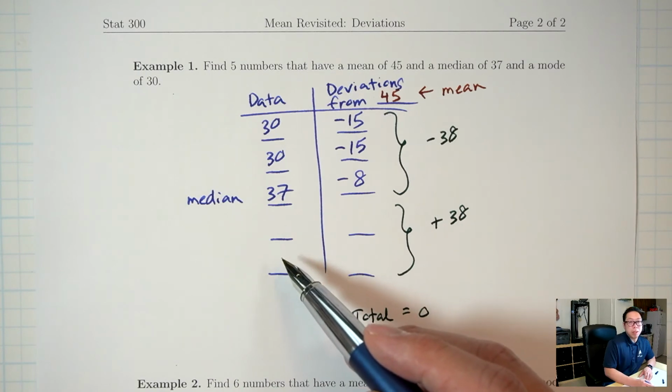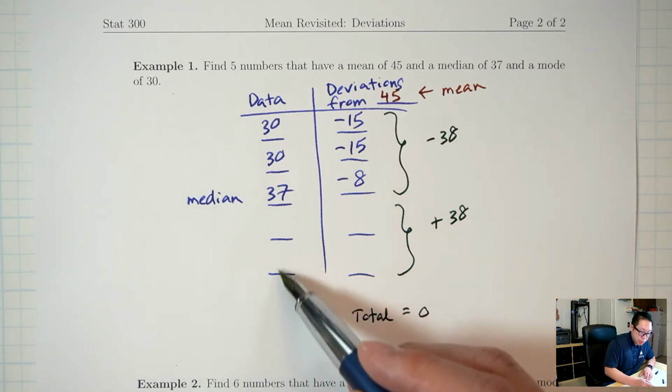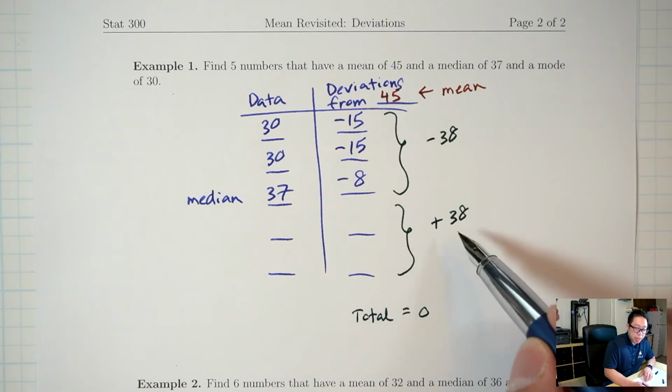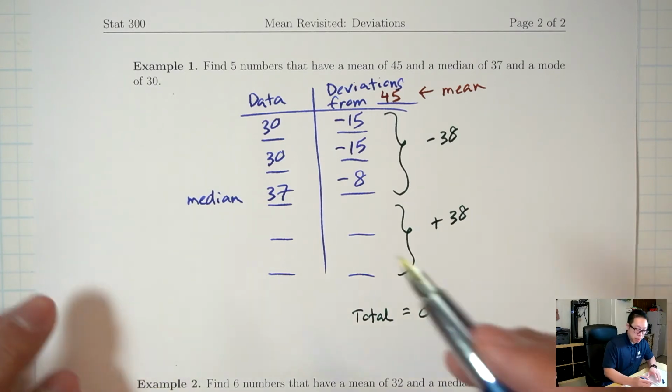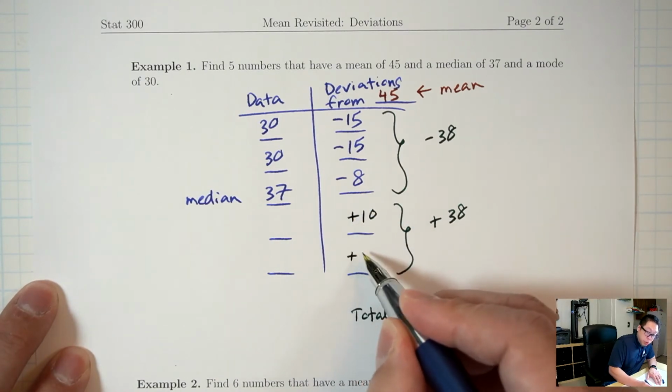But I just want the only mode to be 30. So I need to pick two different numbers that add up to plus 38. I'm going to go with plus 10 and plus 28.